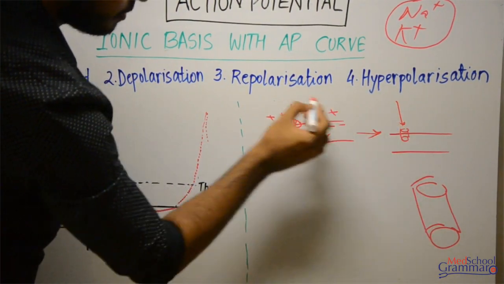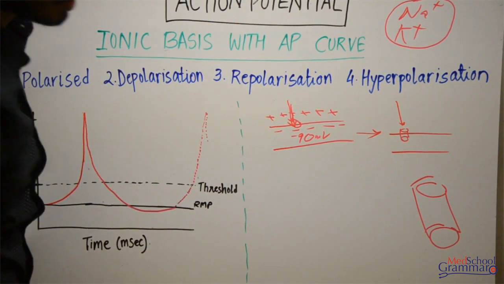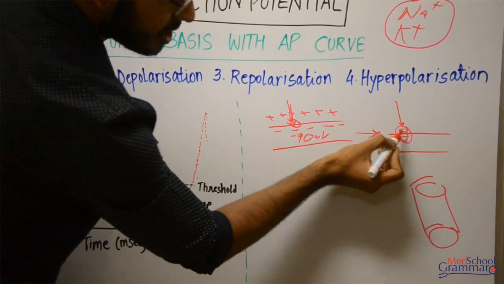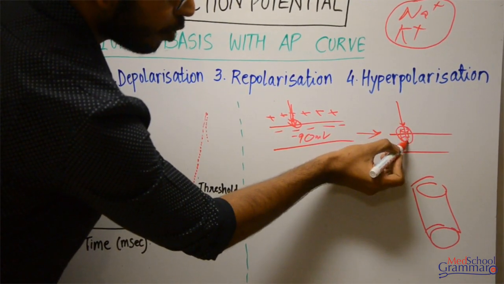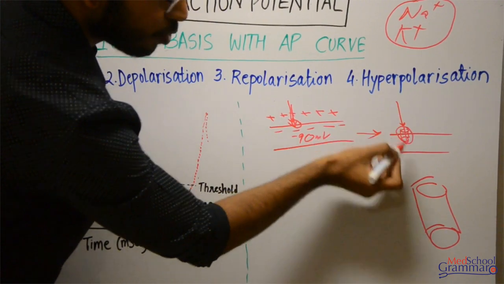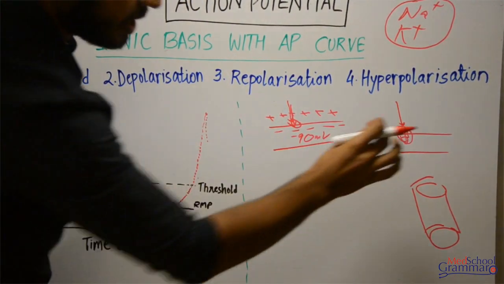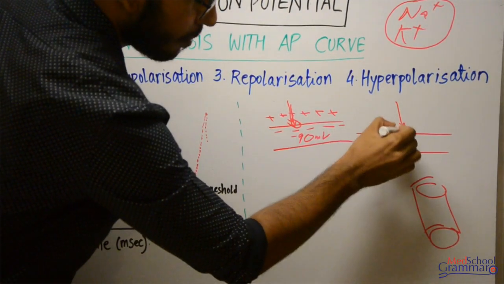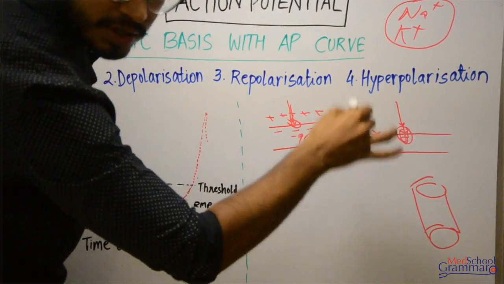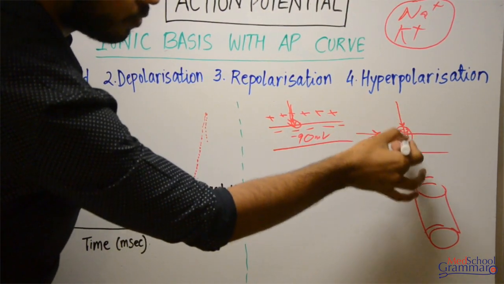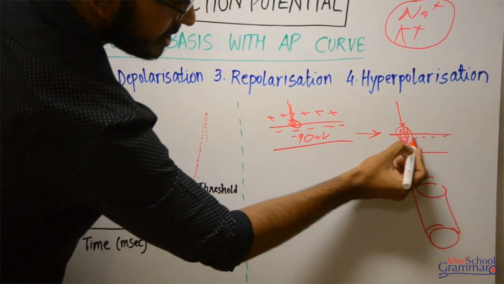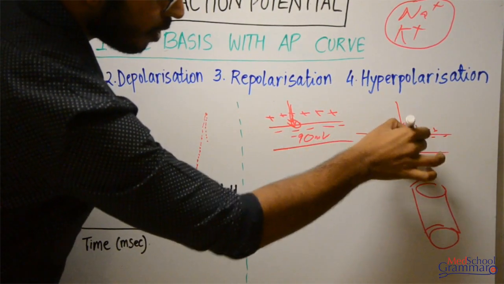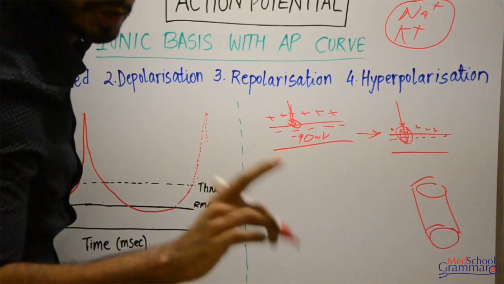Here we have applied a threshold stimulus. So what happens here is that the sodium channels here tend to open up and sodium starts moving inside. Only at this point for right now, okay? Very few sodium channels open at the point of application of stimulus, and sodium tends to move inwards. Now normally the insides are negative and outside is positive. If a positive ion moves inwards, the negativity inside reduces.